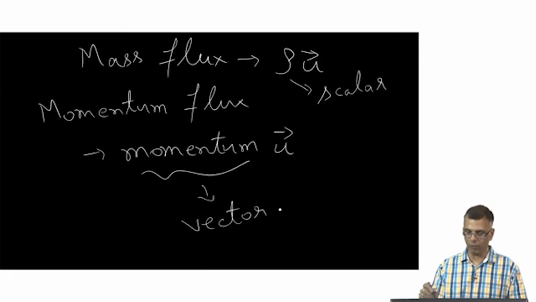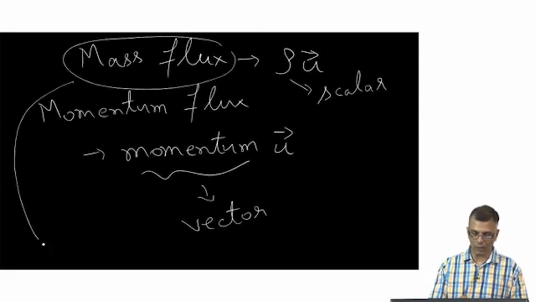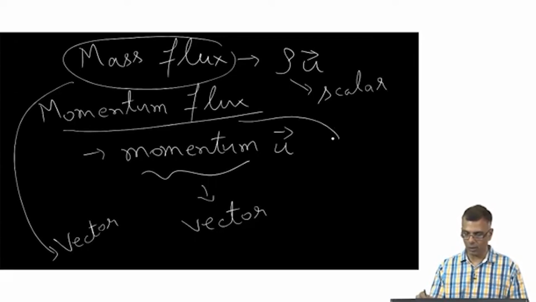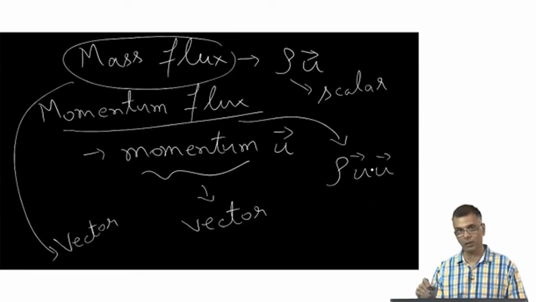So therefore, while mass flux is a vector, because momentum itself is a vector, momentum flux is essentially rho u u, where it's not a u dot u, it's an outer product, not an inner product, and so this is a tensor.